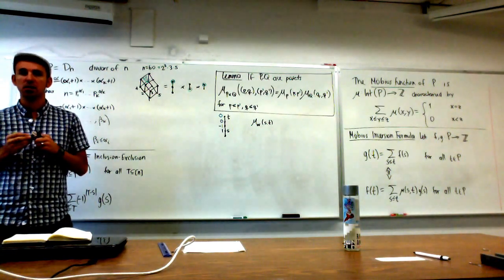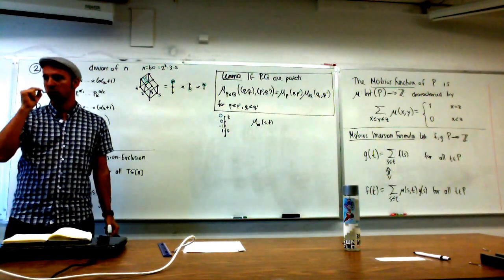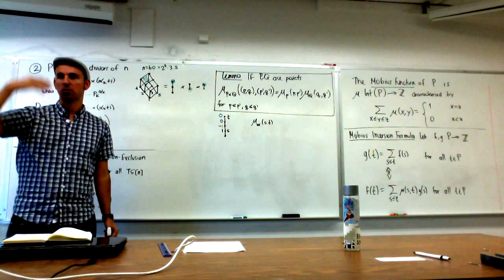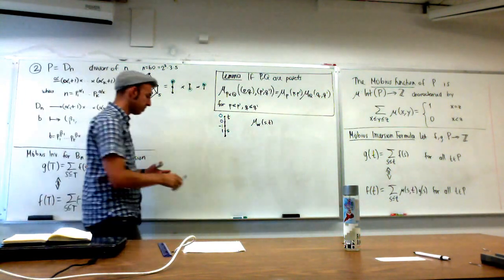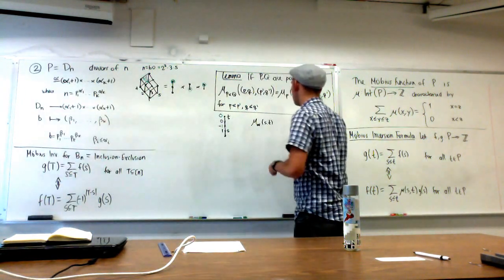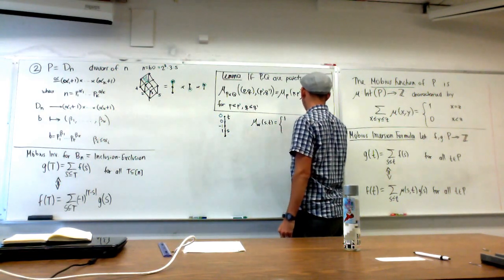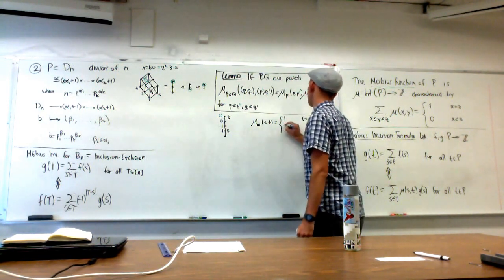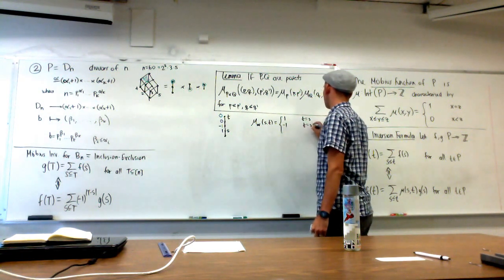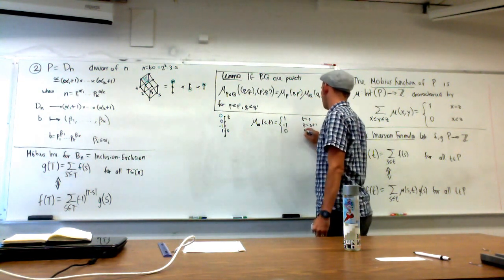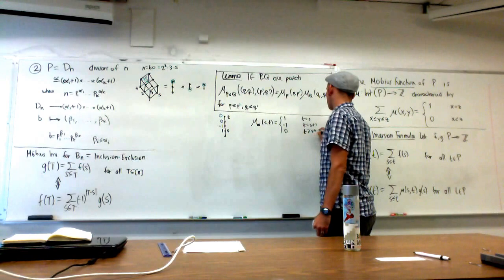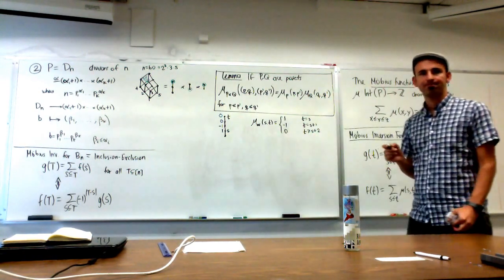In a chain, the Moebius function is very simple: 1, minus 1, zeros. So this is going to be equal to 1 if t is equal to s, minus 1 if t is equal to s plus 1, or 0 if t is greater than or equal to s plus 2.